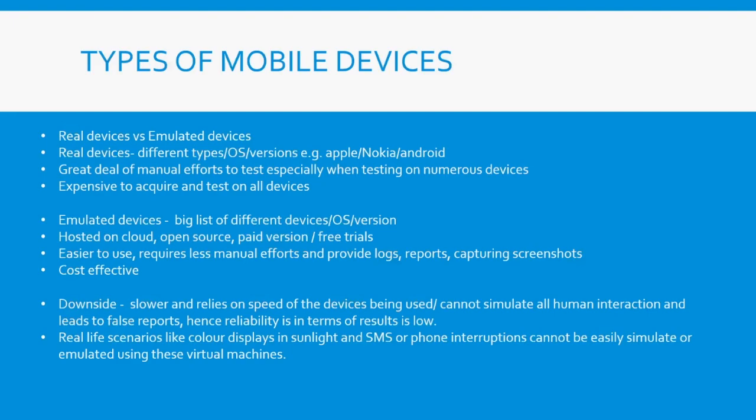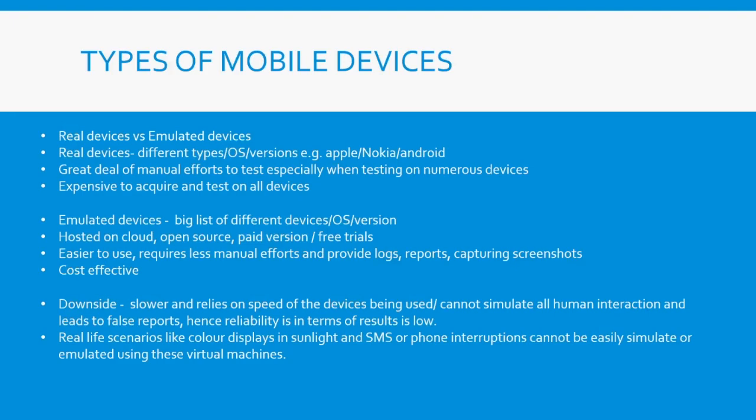So it's quite important that quality assurance is maintained and achieved on the product that is being shipped to customers. Yeah. So for emulated devices, as I said earlier, they are virtual devices.